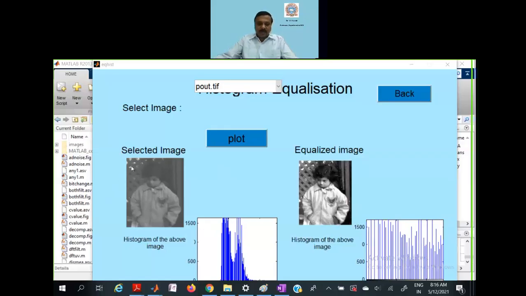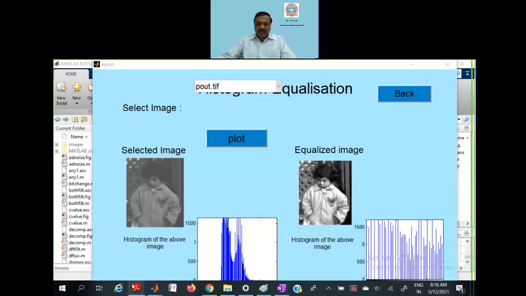So the left could be an image that was captured in dim light or low illumination, or maybe the illumination is improper. But this is an image which is actually better. You can see that all the gray levels are present here. I have the dark pixels, I have the white pixels, because of it the image looks much better than this.